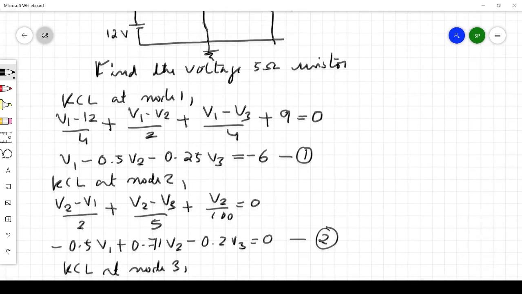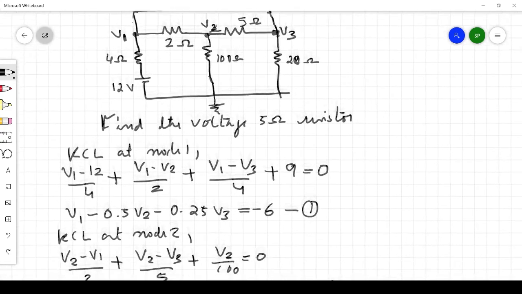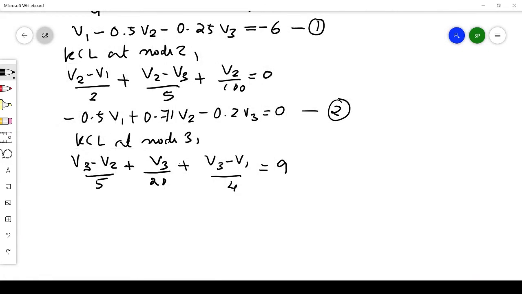When you simplify this equation, we get 0.25 V1 minus 0.25 V2 plus 0.5 V3 is equal to 9. This is our equation number 3.